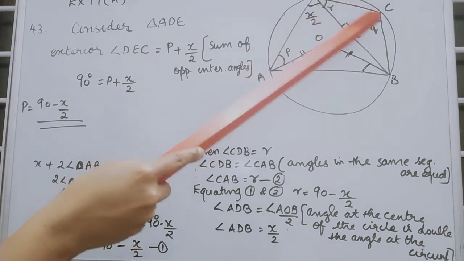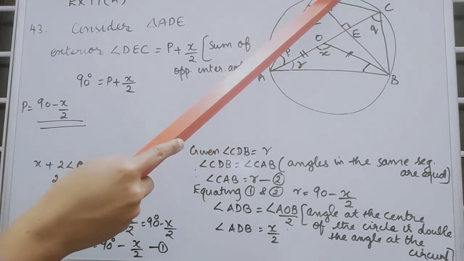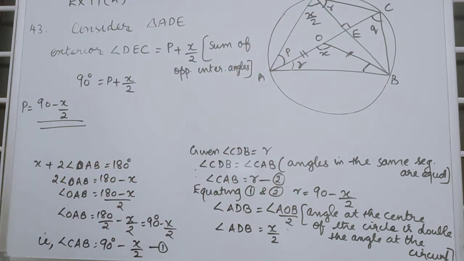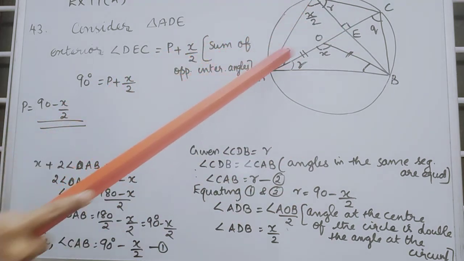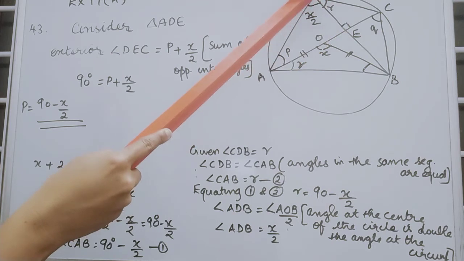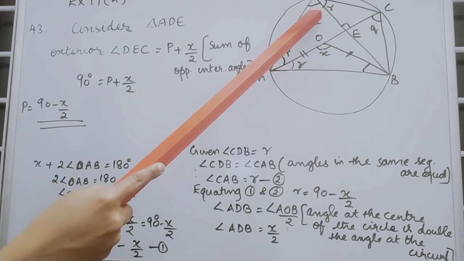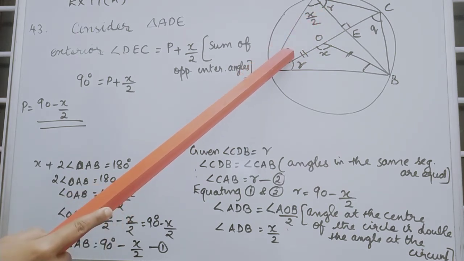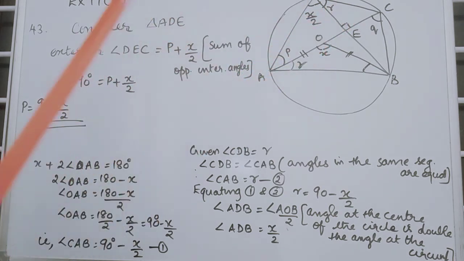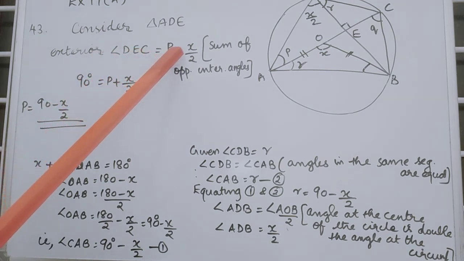So if we are considering the triangle ADE, the exterior angle will be DEC. The exterior angle will be equal to the sum of the opposite interior angles, that is P plus x by 2. So exterior angle DEC is equal to P plus x by 2.